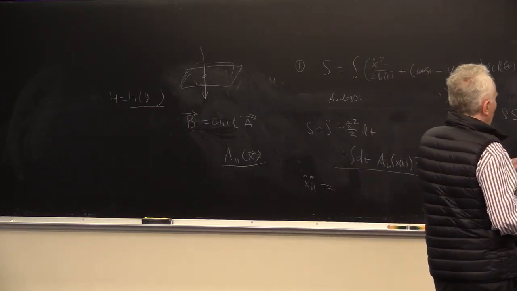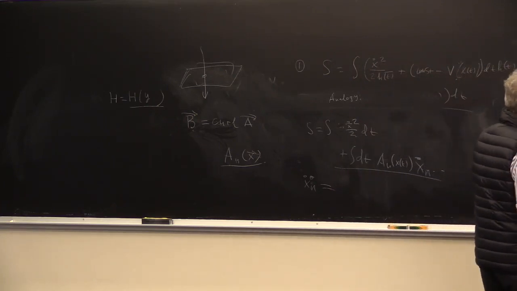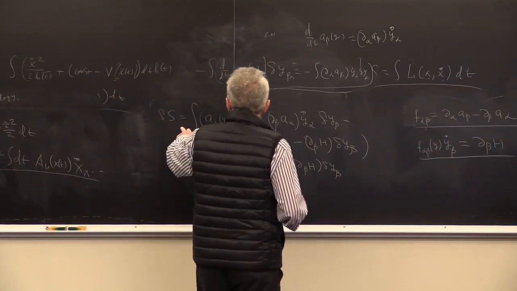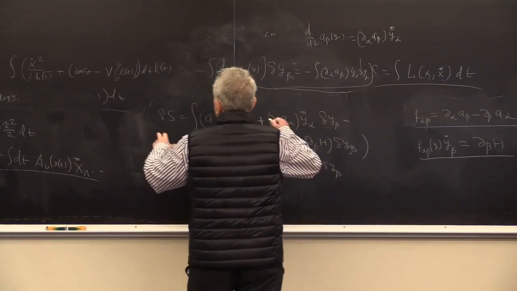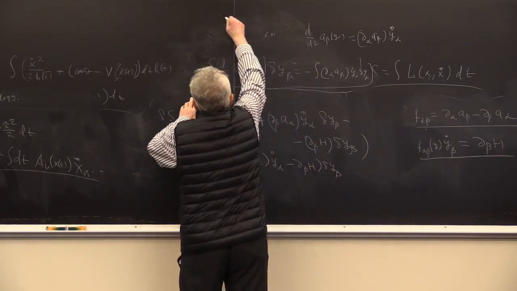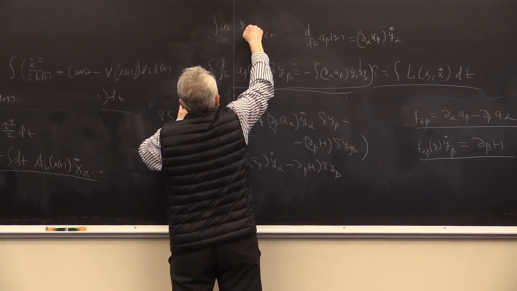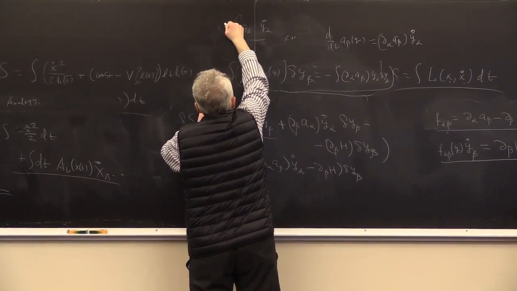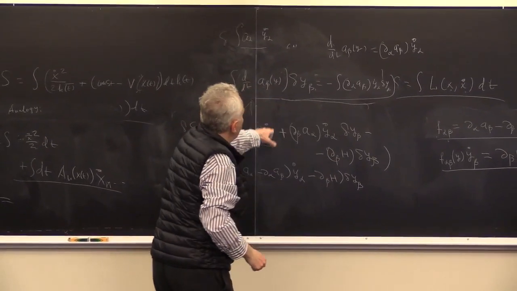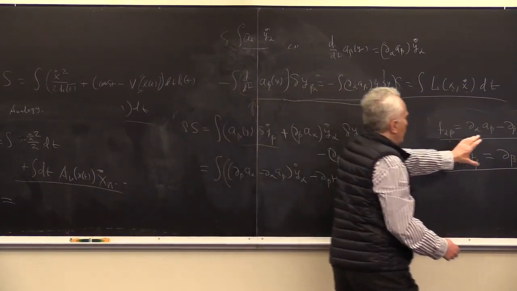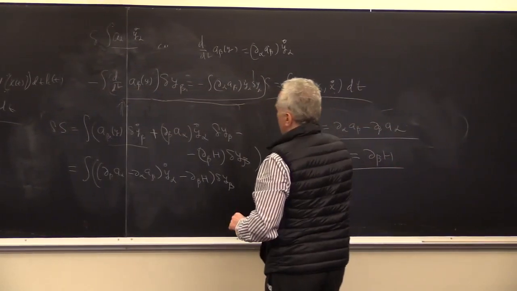So the thing which you have to look at is the variation of A alpha times y alpha dot, and the variation of this thing. Here we proceed. Here we have again, forget the Hamiltonian and so on.